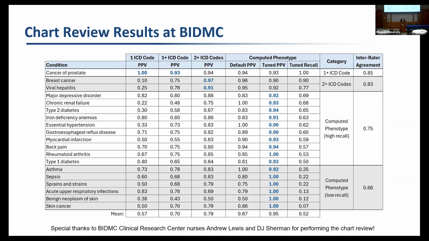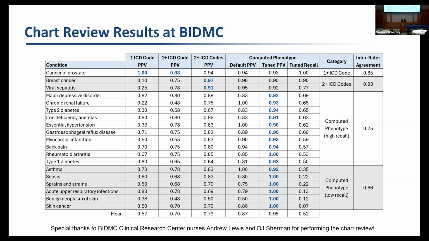For those diagnosis codes that work really well, there was good agreement between the nurses. Down at the bottom, for the ones where the phenotypes had low recall, a lot of times the nurses didn't agree. It's not only hard for machine learning algorithms to do this, it's hard for humans to make some decisions sometimes on whether or not a patient has a condition.